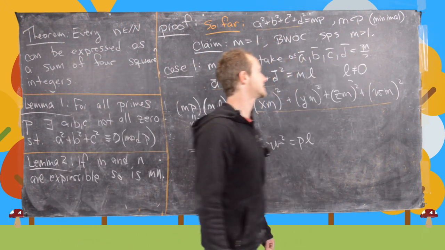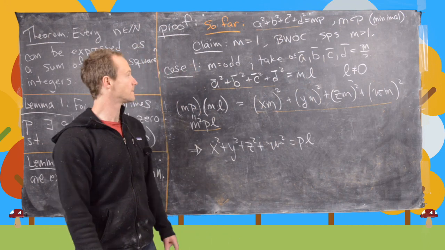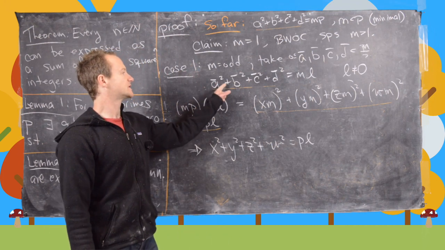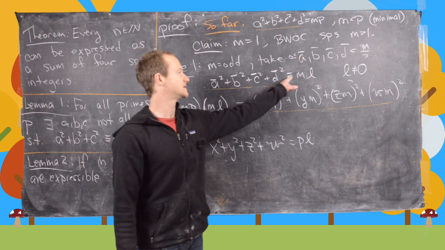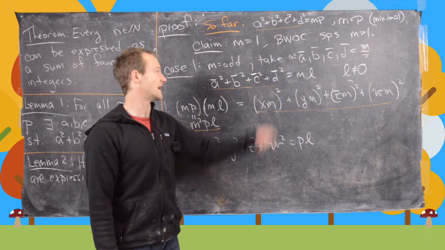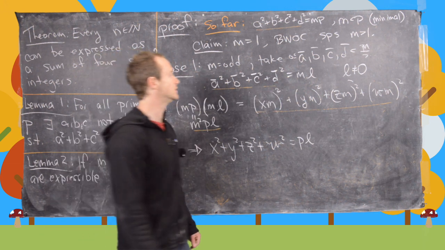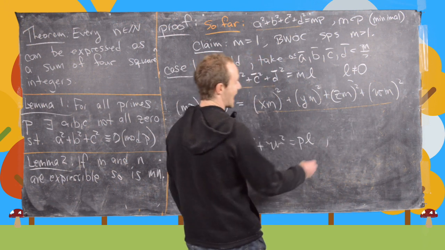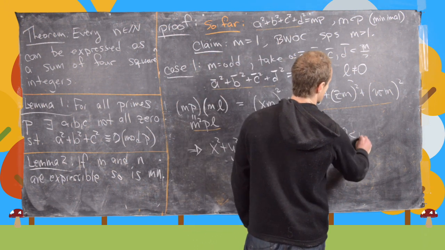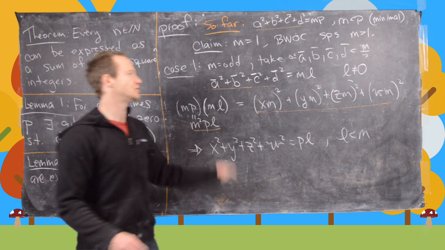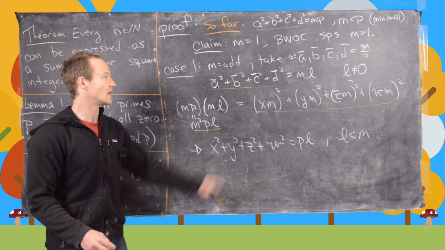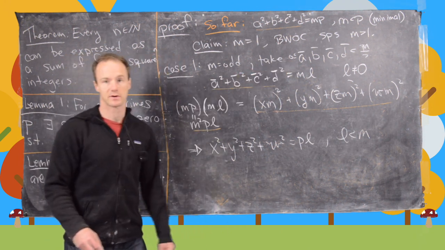They're all less than M over 2. So that means when you square them and sum them to get something that is equal to M times L over 2, that means that L has to be less than M, otherwise you wouldn't be able to achieve that with the size of these numbers.